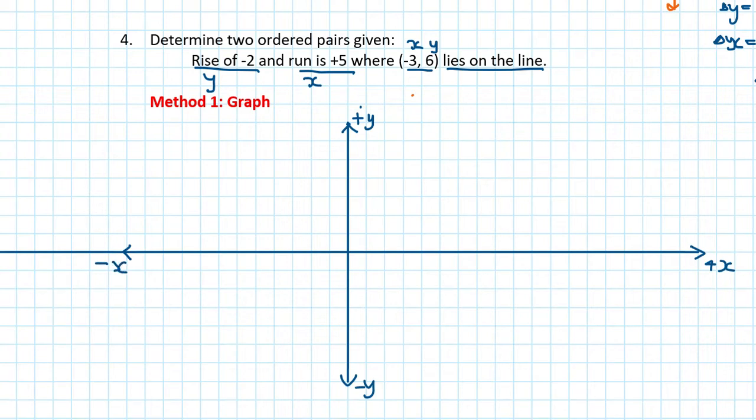If we're counting our coordinates, we make this 1, 2, 3, 4, 5, and +6, while on the other side are the negative values for our y: -1, -2, -3, -4, -5, and -6.